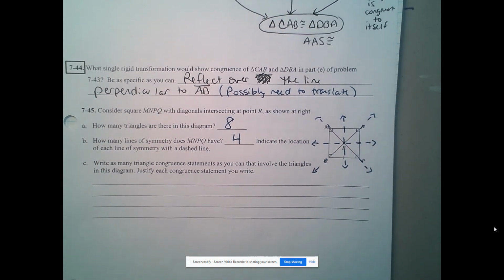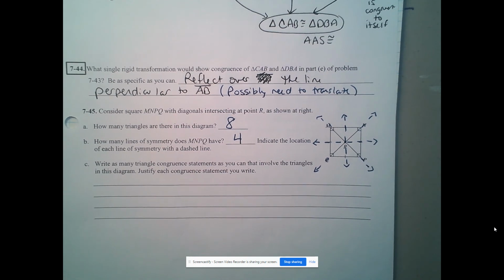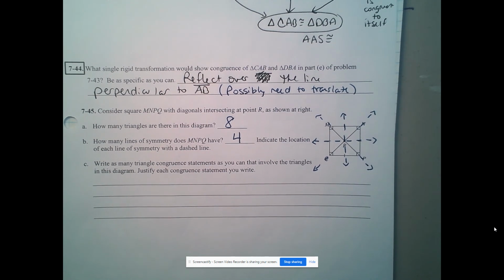Write as many triangle congruent statements as you can that involve the triangles in this diagram. Justify each congruence statement that you write. There's a lot of statements that you could make here. We could start with the 4 small ones.